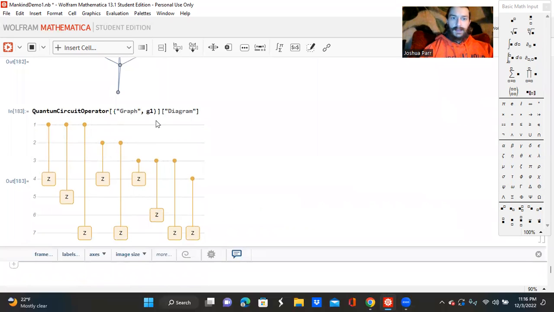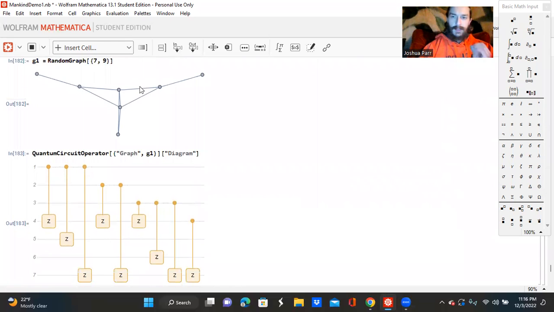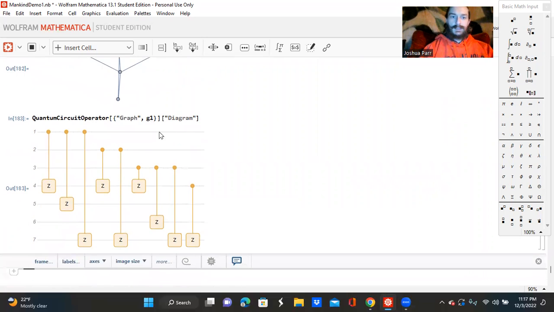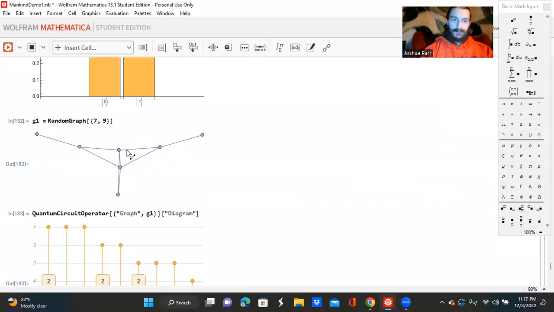And then I'm creating that same random graph and using its order and its tensor indices, all of it. I'm using all of it to create a quantum circuit operator to randomly sample, and then from the random samples, you can build probability amplitudes. So this is a quantum circuit operator made with the conditions of this graph.